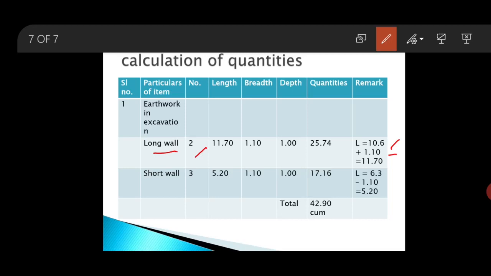So here the width of the work is 1.1, which will be equal to 11.7. So in length column we will put 11.7. The breadth is the breadth of the work, that is 1.1, and depth is 1, that is depth starting from the ground level up to the bottom of the foundation. So by multiplying all these three we will get the quantity of 25.74 cubic meter along long wall.